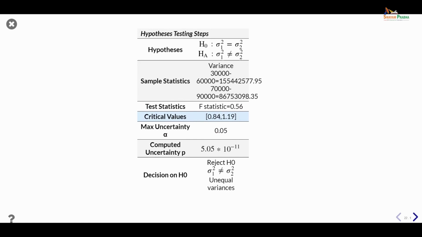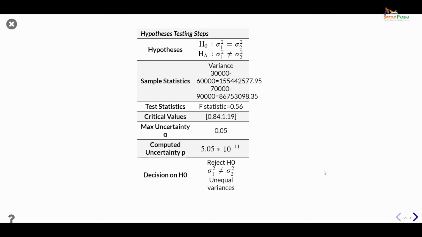The critical values are 0.84 and 1.19. The maximum uncertainty, we've assumed it to be 0.05. Computed uncertainty is 5.05 into 10 power minus 11. The F statistic is outside the critical value limits. So the computed uncertainty, which is the p value, is less than alpha, and hence we are going to reject the null hypothesis, and therefore we are going to conclude that the variances are unequal.